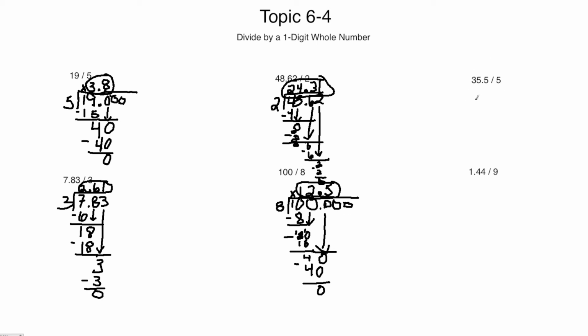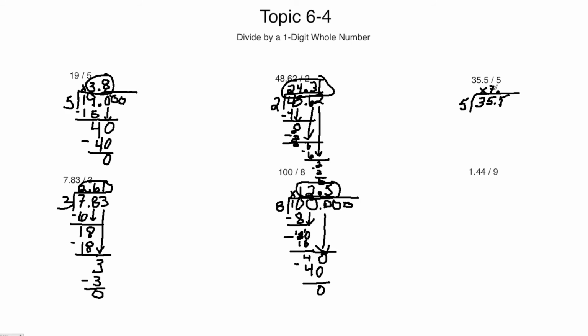All right, go ahead and push pause and let's see if you come up with the same quotient on this problem. All right, so our dividend is 35 and 5/10 divided by our divisor, 5. There's no decimal in the divisor. There is in the dividend, so we just bring it up. Can 5 go into 3? Nope. Can 5 go into 35?